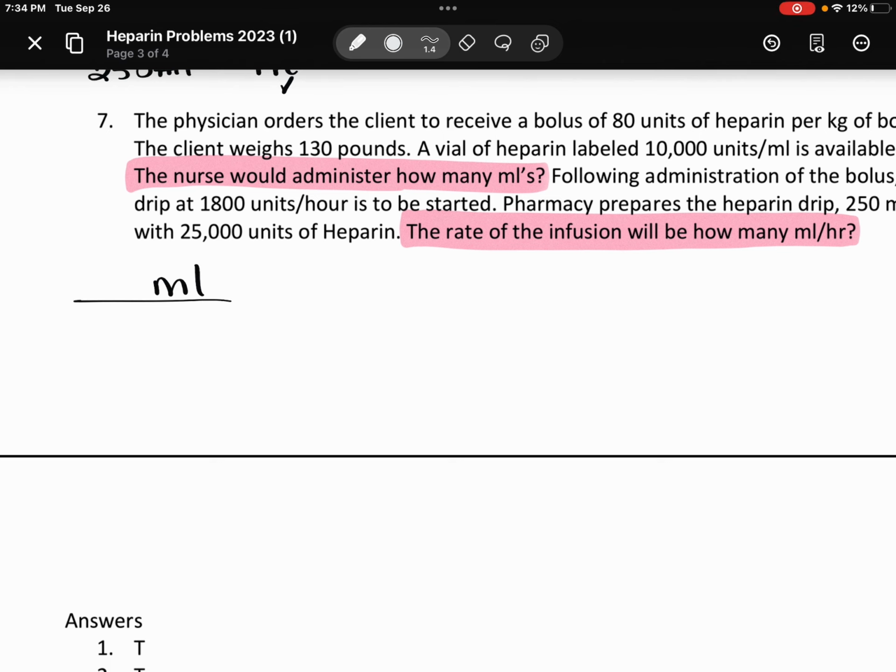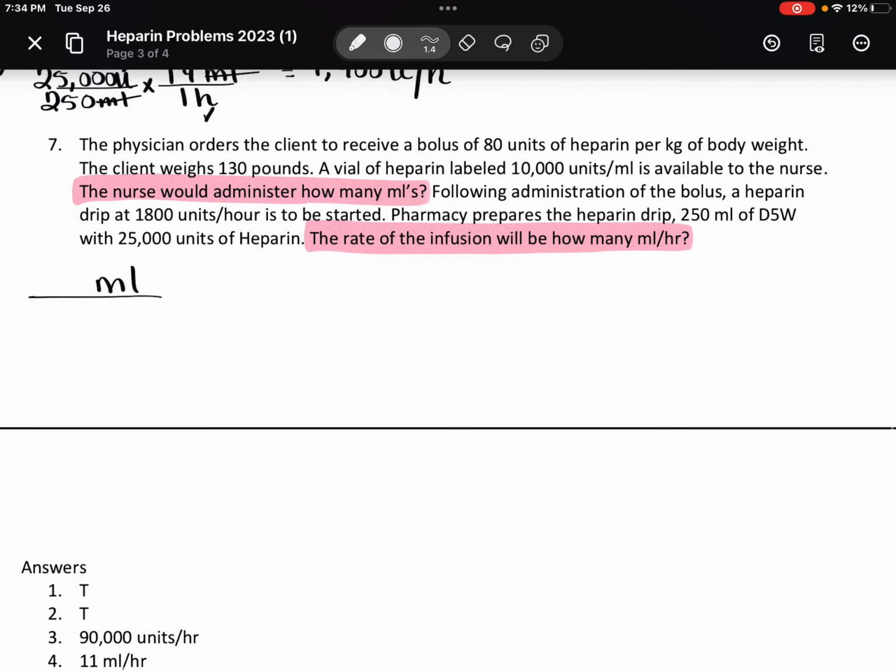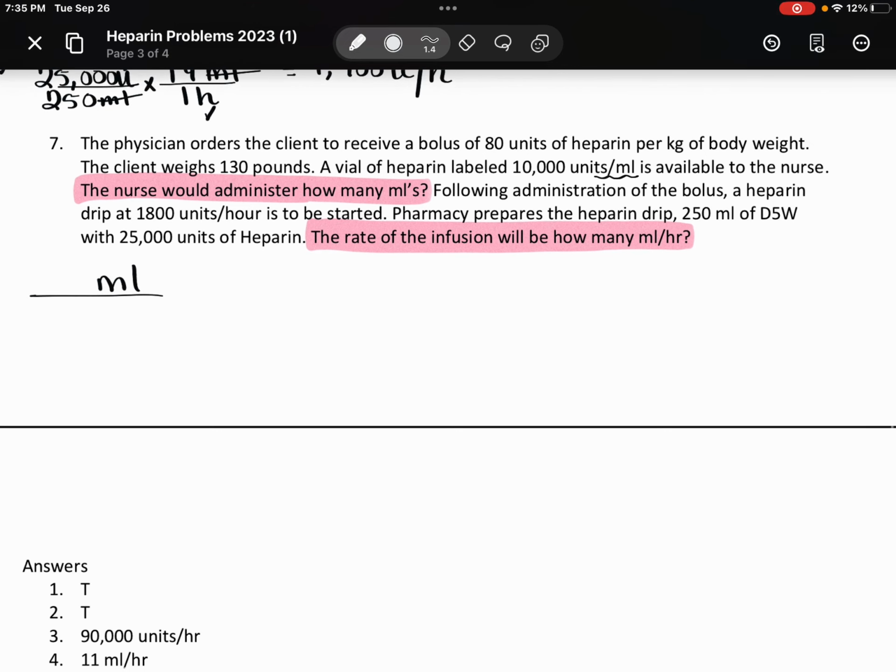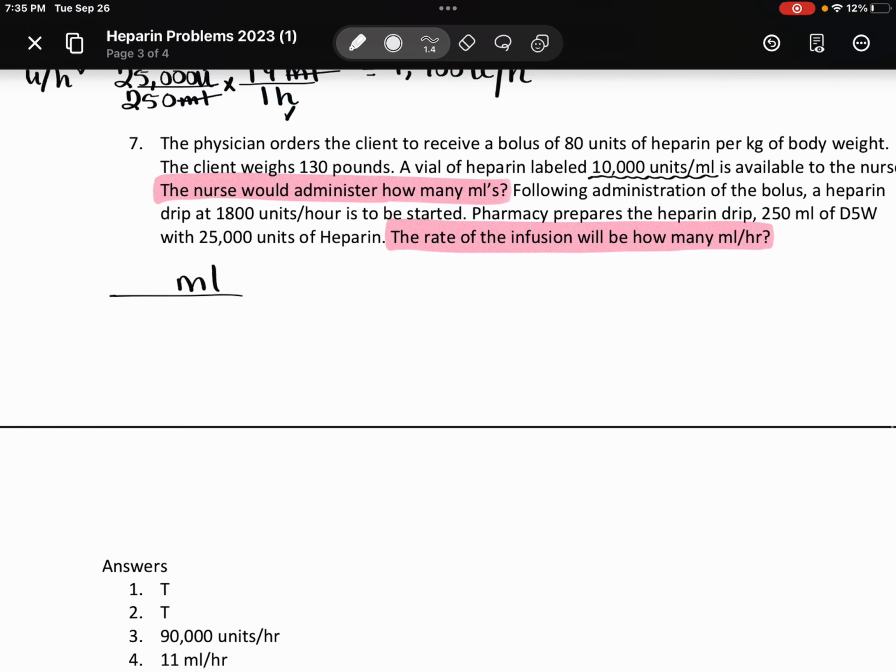So I'm going to start with my milliliters. The physician orders the client to receive a bolus of 80 units of heparin per kilogram of body weight. Okay, the client weighs 130 pounds. A vial of heparin labeled 10,000 units per milliliter. So that's what I'm going to go ahead and tie in here.